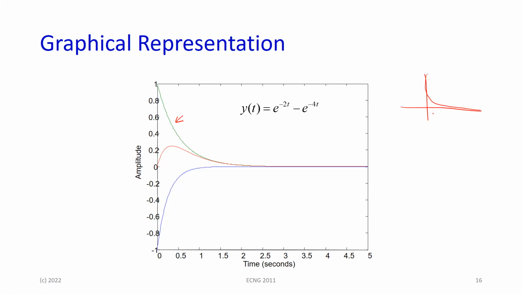So minus e to the minus 4t is going to be that flipped along the y-axis, which is this one here. And of course, the answer is going to be the difference between the two of them. So you get that red answer.